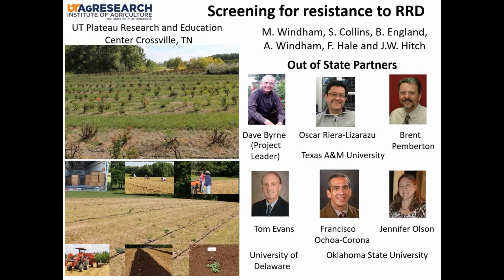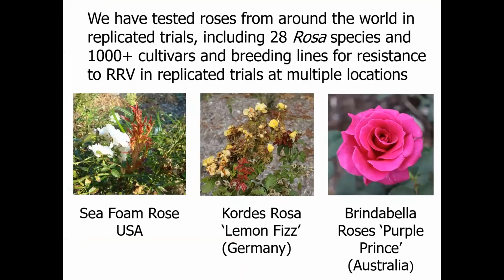And then Brent Pemberton was looking at them at an experiment station for Texas A&M near Tyler, not for Rose Rosette, but to make sure if we found something that it wasn't a dog for other diseases. You know, what good would it be to put out a rose resistant to Rose Rosette if it was super susceptible to black spot? And then the people doing the genetic analysis, taking our symptomatic data and our virus titer data, was Dave and Oscar back at Texas A&M.